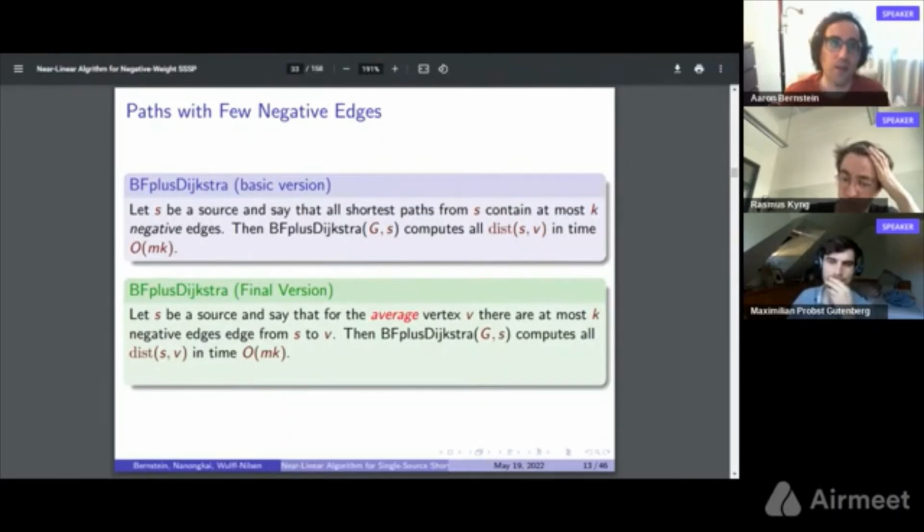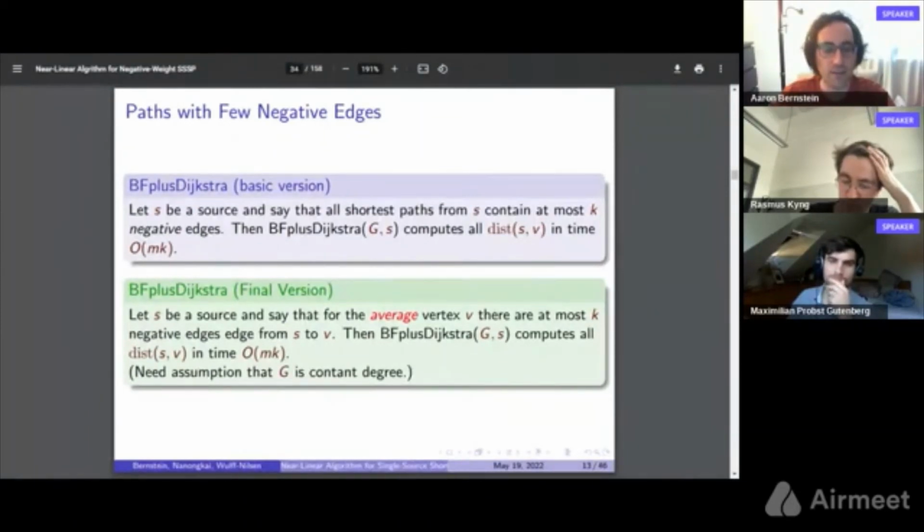But it would be bad if there were a few vertices that had many negative edges on the path, but also had very high degree, because then exploring them would be very expensive. This way, we're ensuring that you pay a uniform cost for all vertices. That's why we assume constant degree. And again, this is without loss of generality. You can convert any graph to have constant degree.